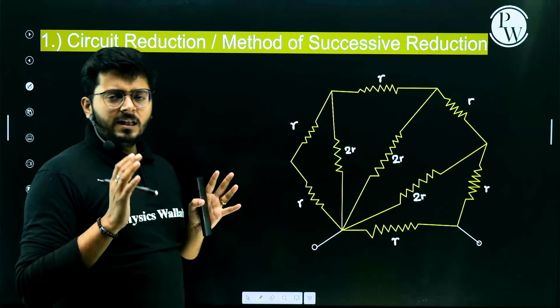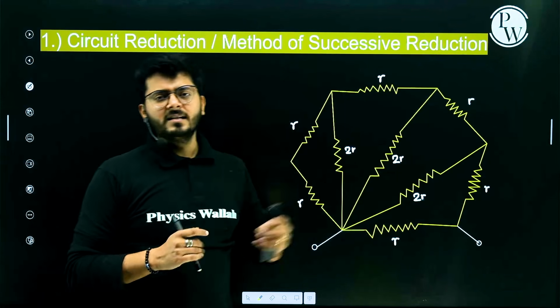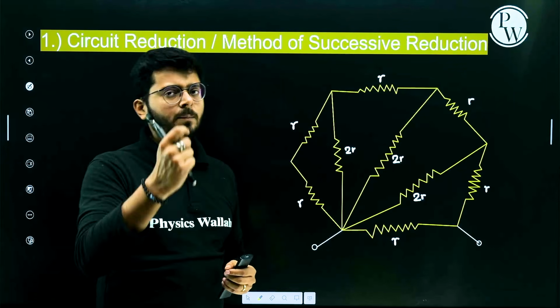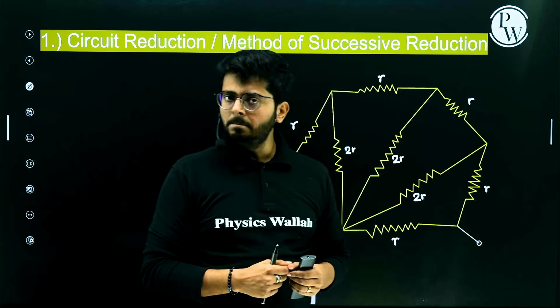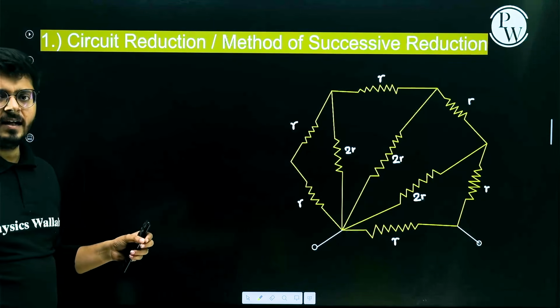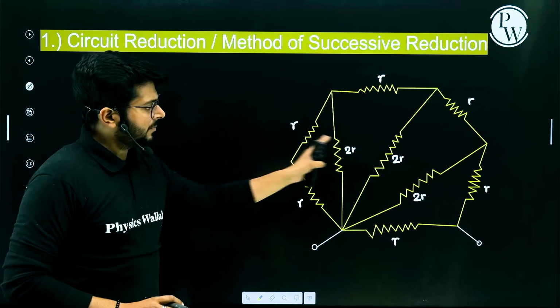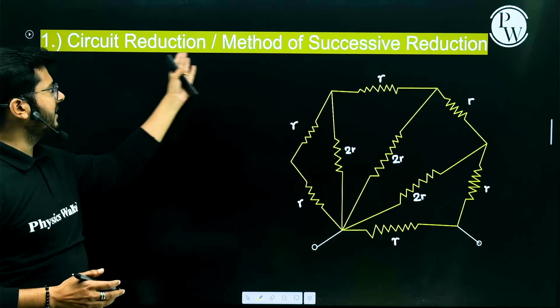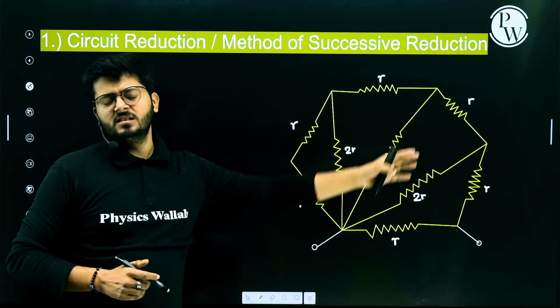My dear kids, these will be the easiest kind of circuits like these, where it is possible for you to identify which elements are in series and which elements are in parallel. If you can simply look at the circuit and identify some elements that are in series or some elements that are in parallel, you can solve such circuits by the method of successive reduction.